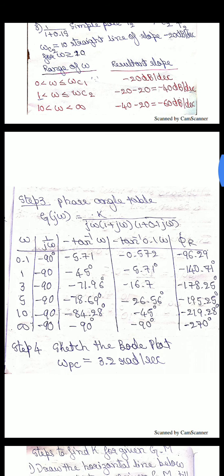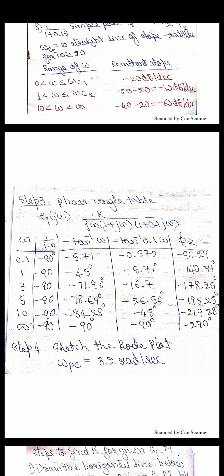Next, step 3, we need to find the phase angle table. First, instead of s, substitute j omega. Make this table: 1 divided by j omega, minus tan inverse omega. How do you get minus tan inverse omega?